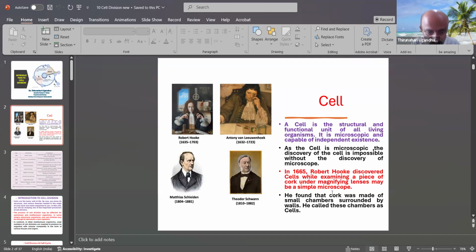Then Schleiden and Schwann both proposed the cell theory, concerning the structure and functional development of all living organisms. That theory was reported by Schleiden and Schwann, a botanist and a zoologist.